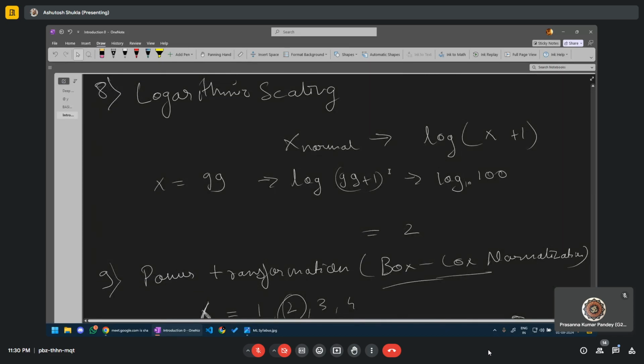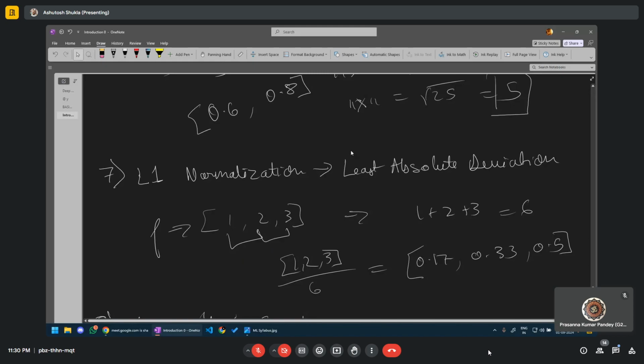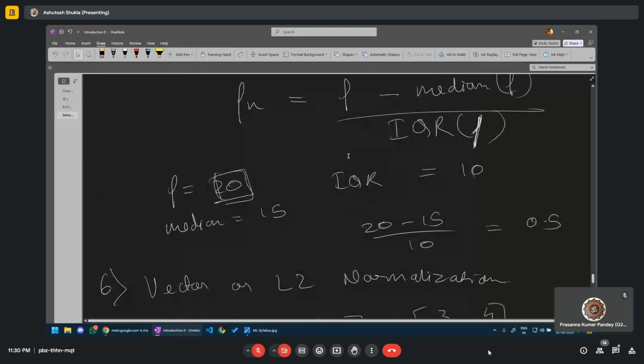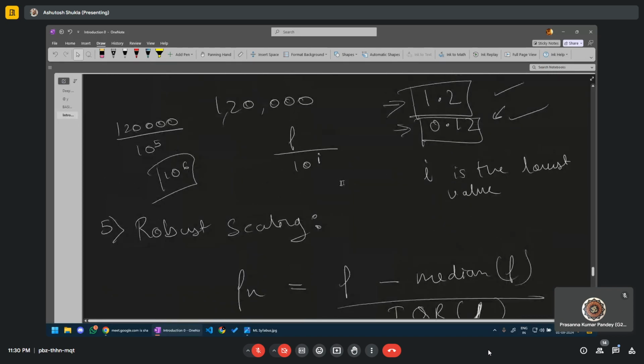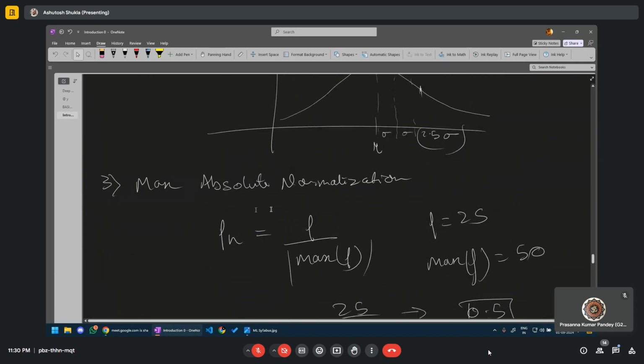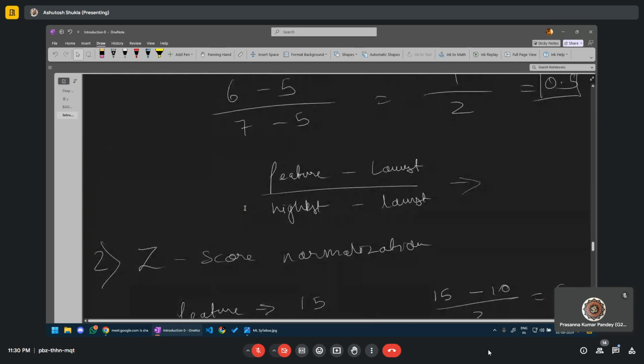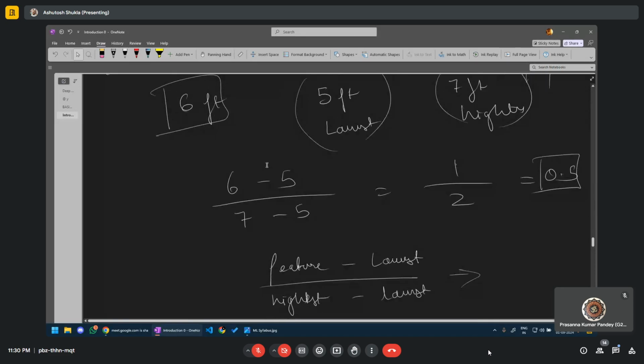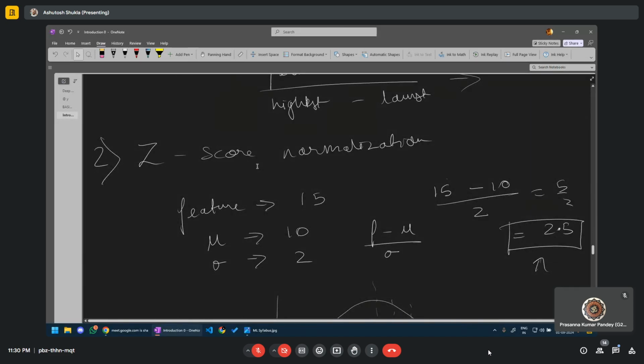I don't think the professor would take anything out of these 9 or 10 methods; these are literally all the standard normalization methods. You just remember the formula, and the most useful ones are min-max and z-score. These are used the most whenever you're working with data.